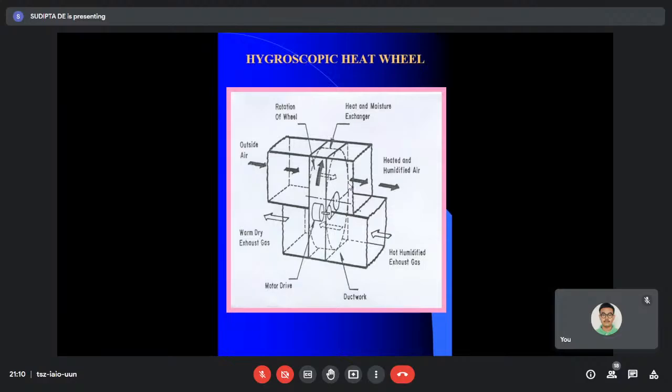And then it has two side-by-side passages with proper radial seals and circumferential seals. Circumferential seals are to arrest the leakage of the same fluid from the upstream to the downstream side, but radial seals are used for arresting the leakage between the two heat exchanging fluids.